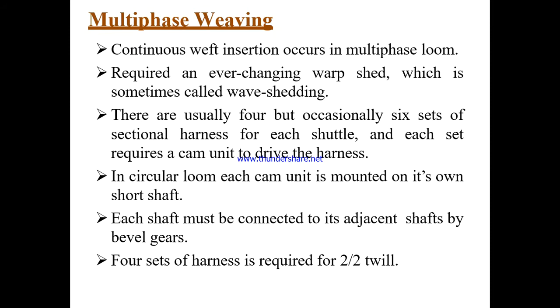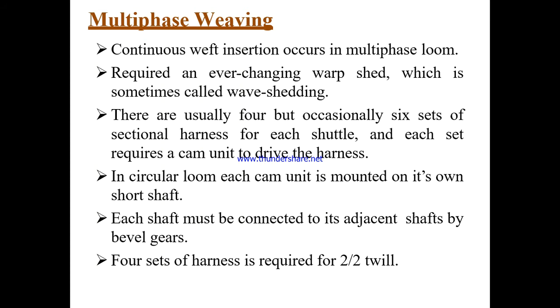There is a short shaft, and on it there will be a cam, and each cam is operated from the short shaft and attached to all the sectional harnesses. Each shaft must be connected to its adjacent shaft by bevel gears, and 4 sets of harnesses are required for 2x2 twill. For the formation of 2x2 twill, 4 harnesses are required.